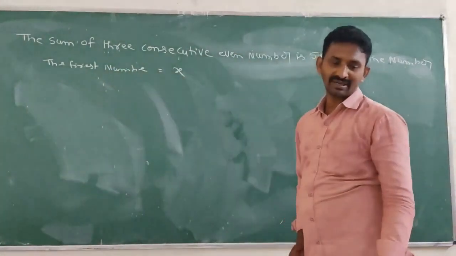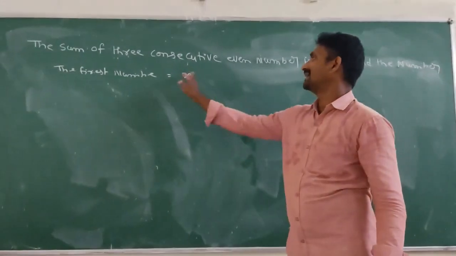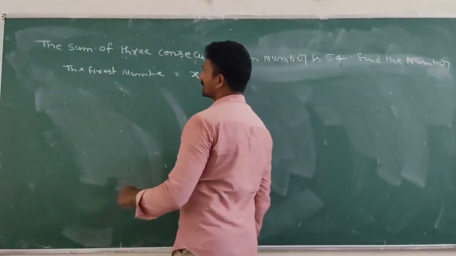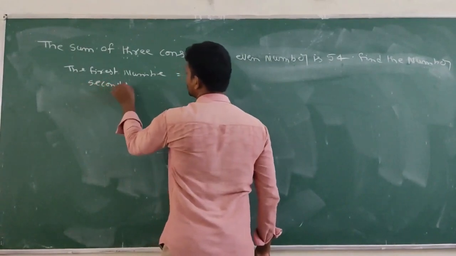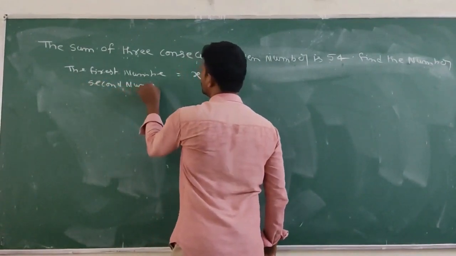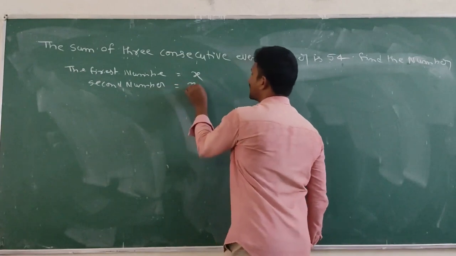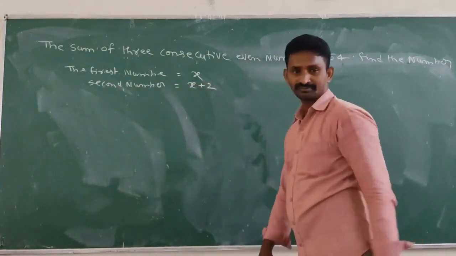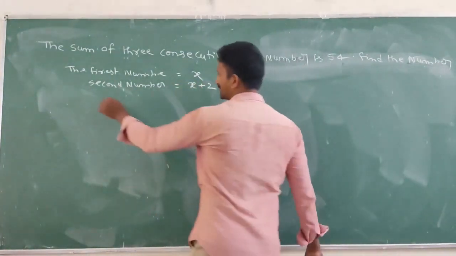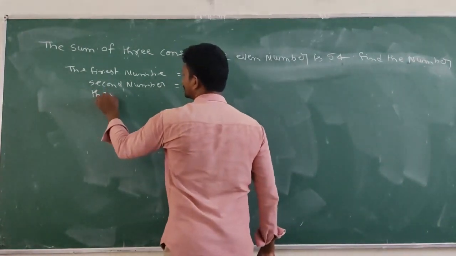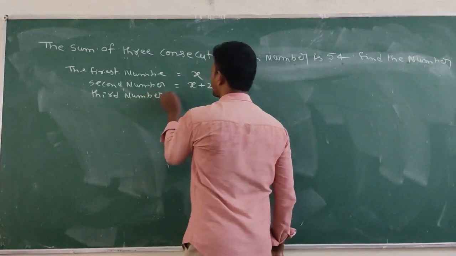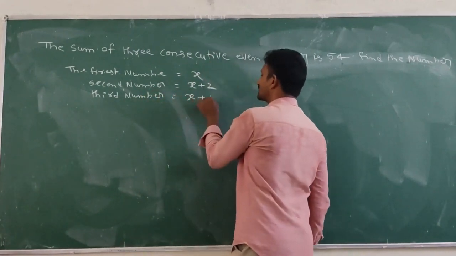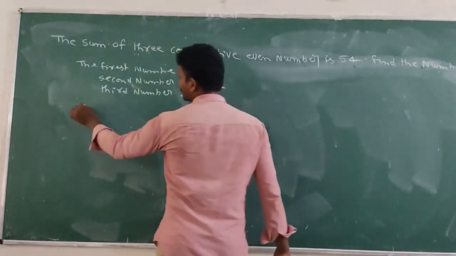The second number is x plus 2. The third number is x plus 4.